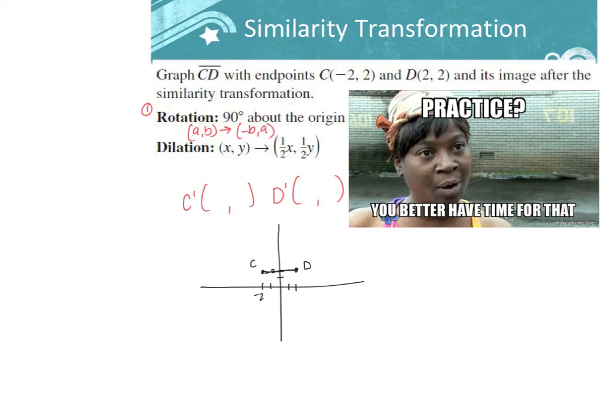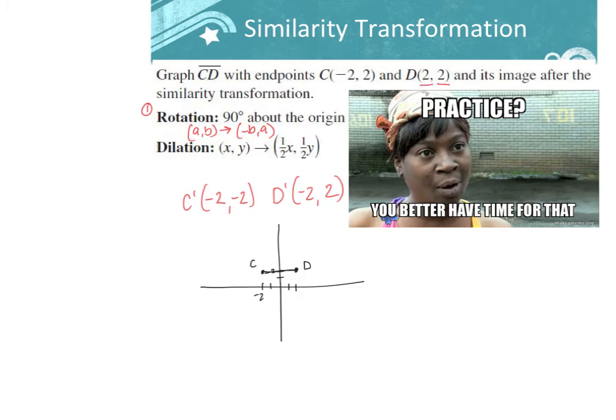Now, let's go ahead and apply that to C. So C's A coordinate is negative 2. That's going to move over here to the B spot. And the 2 is going to move to the A spot, but also be negative. So negative 2, negative 2. Same thing for D, okay? So D, its A coordinate is 2, so it's going to move over here. And its B coordinate is 2, so it's going to become negative 2 over there, okay?